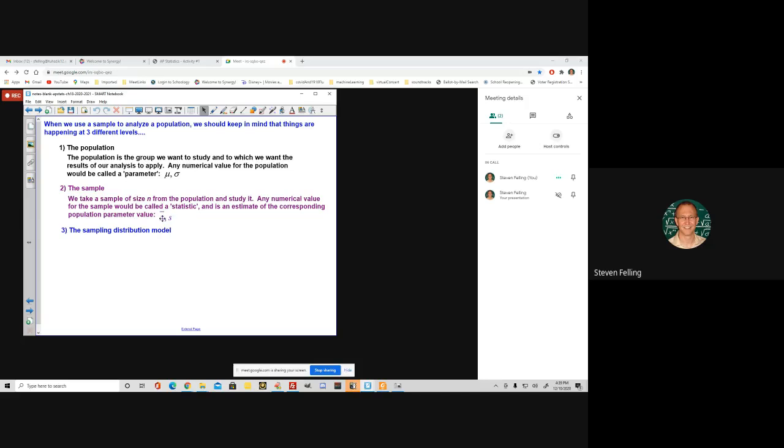So the mean would be x-bar for the statistic from the sample, and that would be an estimate of the mu parameter, the mean for the population. The sample standard deviation would be called s, and that's an estimate of the population standard deviation sigma. So statistics are estimates from a sample of their corresponding population parameter value.